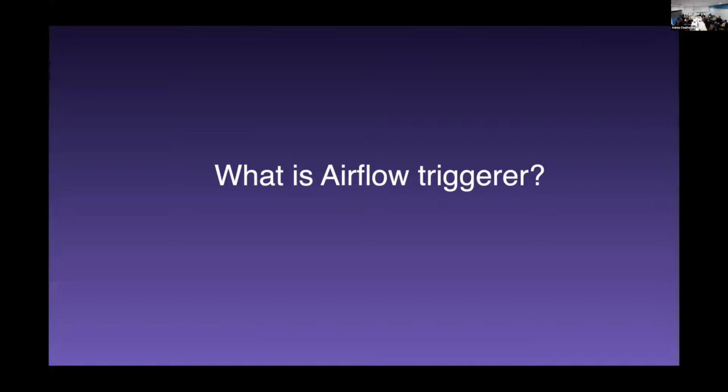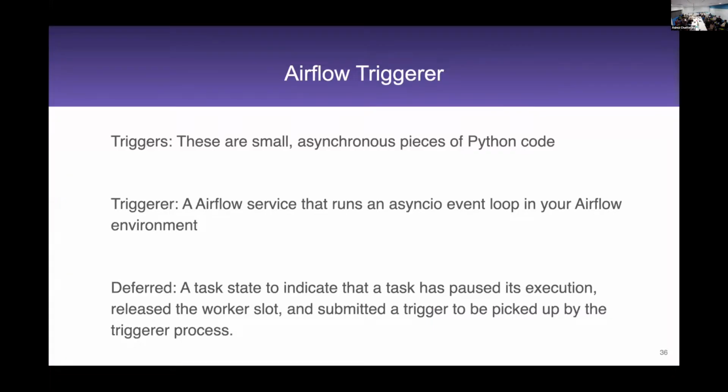In Airflow 2.0, I think, triggers were released. You write your asynchronous operator and sensor on top of the trigger framework. I'll talk a bit about what a trigger is. Triggers are small pieces of asynchronous Python code, and inside Airflow they run in an asynchronous event loop.